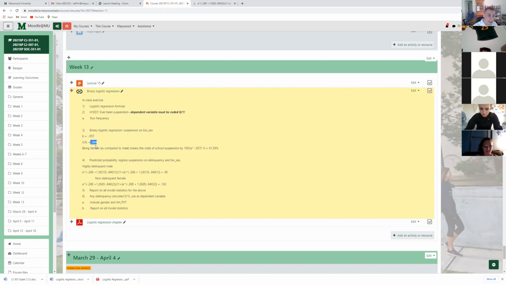It's 1 minus that, times 100. You convert that into a percent, and it's lowering the odds by 61.59%. And that is how you would interpret, in a binary logistic regression, the effect of one independent variable on the dependent variable.